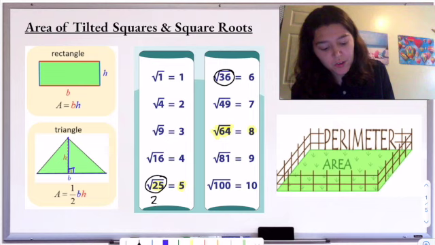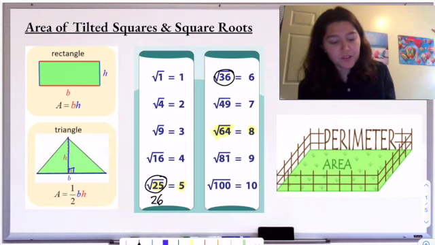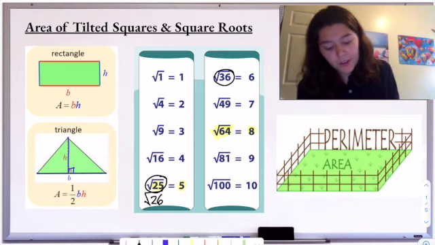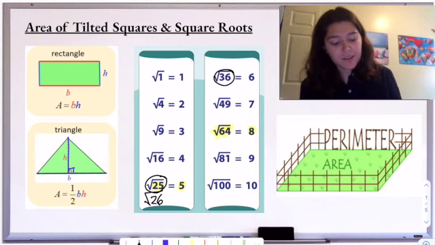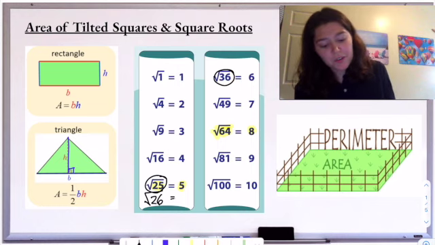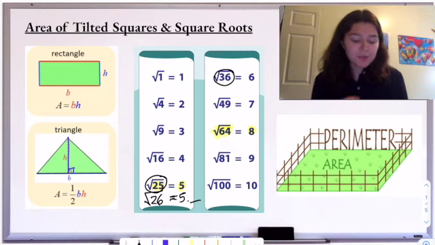I know that 26 falls in between 25 and 36. So that means that the square root of 26 is in between 5 and 6, because the square root of 25 is 5, and the square root of 36 is 6. So while we don't know what it is, it's going to be 5 point something. Probably pretty small, since 26 is pretty close to 25.